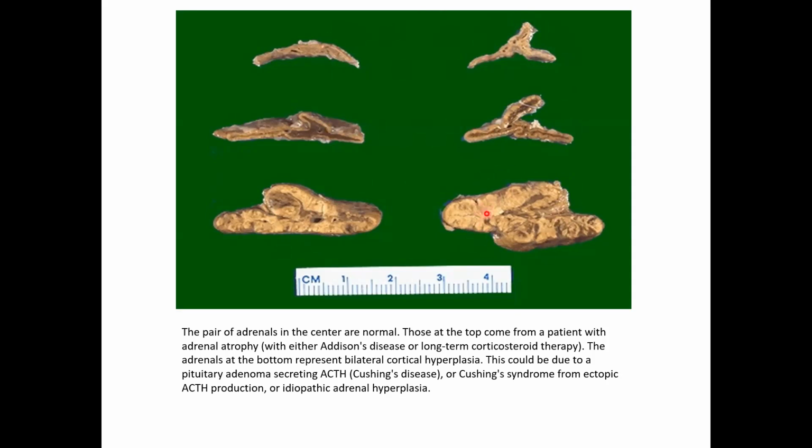Hyperplasia occurs whenever there is ACTH oversecretion, for example an ACTH-producing pituitary adenoma, or ectopic production of ACTH by paraneoplastic effect of small cell carcinoma of the lung, or idiopathic hyperplasia.